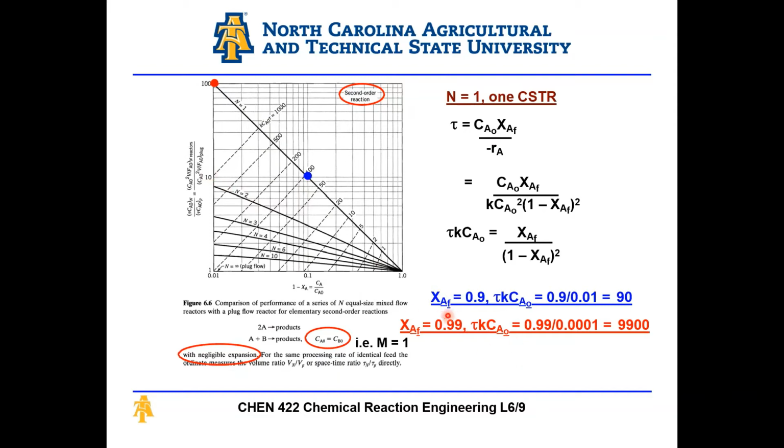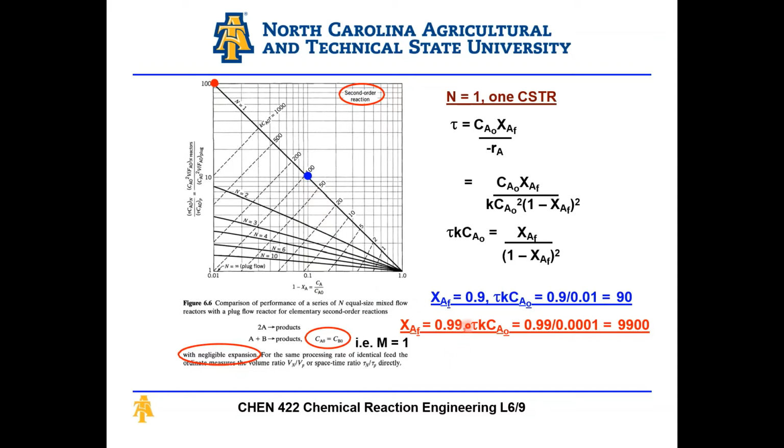The way it's presented here, XAF is 0.9, and I want to do this in one reactor, then tau k Ca naught is equal to 90, versus if I want to achieve a conversion of 0.99, then tau k Ca naught is equal to 9900, right? So basically, if I want to increase the conversion from 0.9 to 0.99 for 1 CSTR standing by itself, my reactor volume has to increase by what? More than 100 times, right?